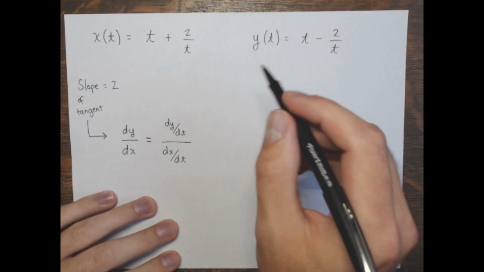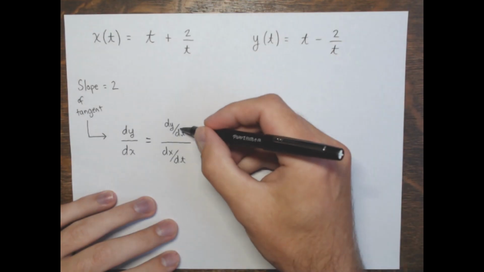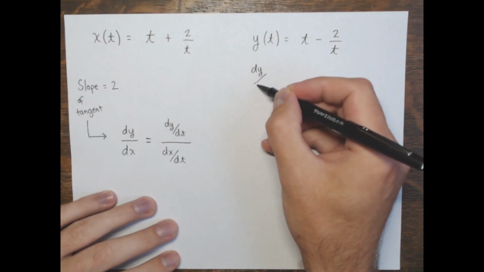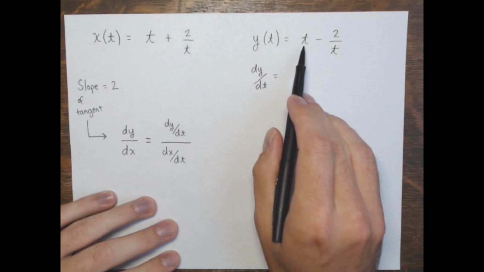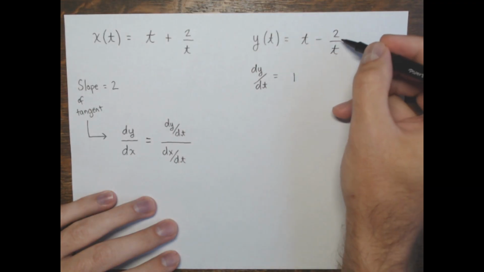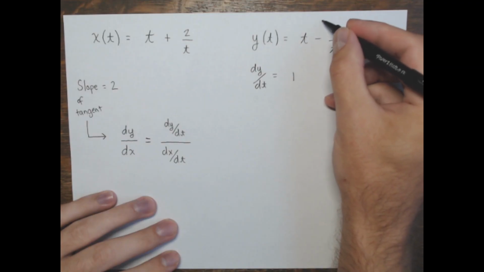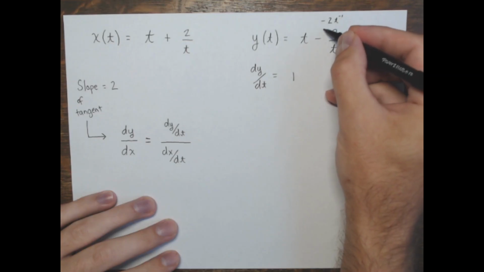All right, so we can find each of these separately from our equations that were given. I'll start with the numerator, dy over dt, the derivative of y with respect to parameter t. The derivative of just t would be 1. And then negative 2 over t is the same thing as negative 2 times t to the negative 1 power.